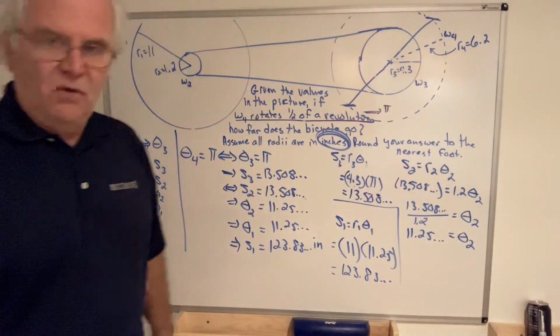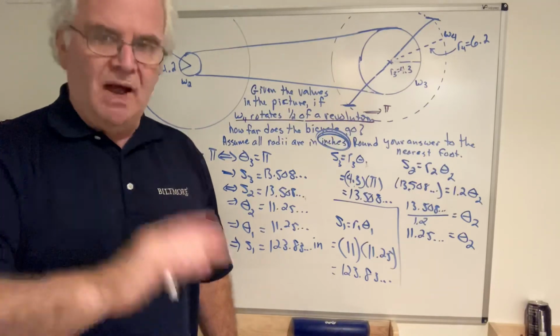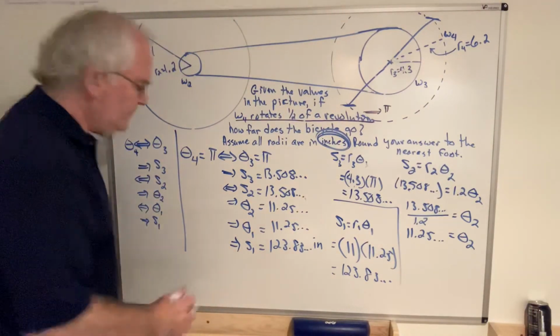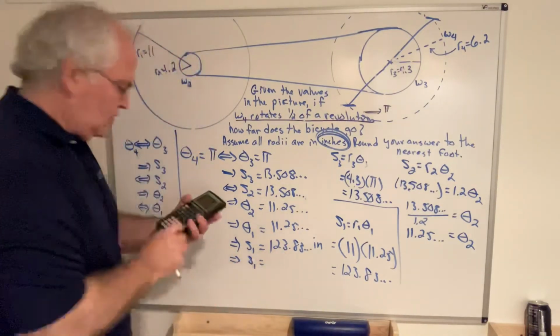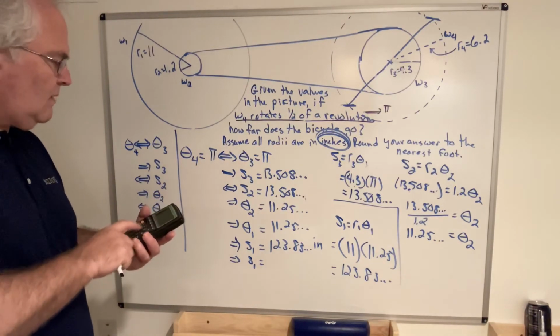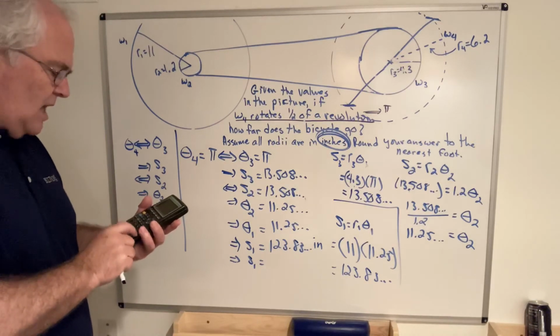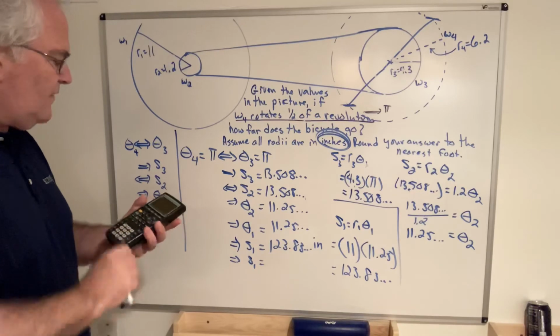Because the boss says we want this to the nearest foot. So if you have 24 inches, divide by 12 is 2 feet. If you have 48 inches, divide by 12, that's 4 feet. So divide by 12 gives you feet. And so we can convert that: S1 is divide by 12. Let me try that again. I'm going to take that same answer and divide by 12.